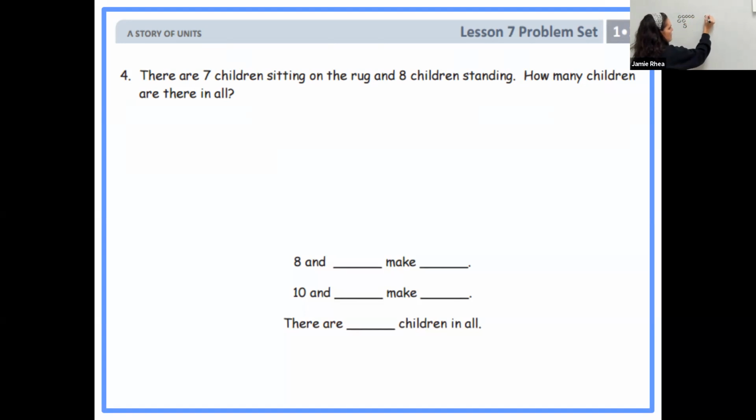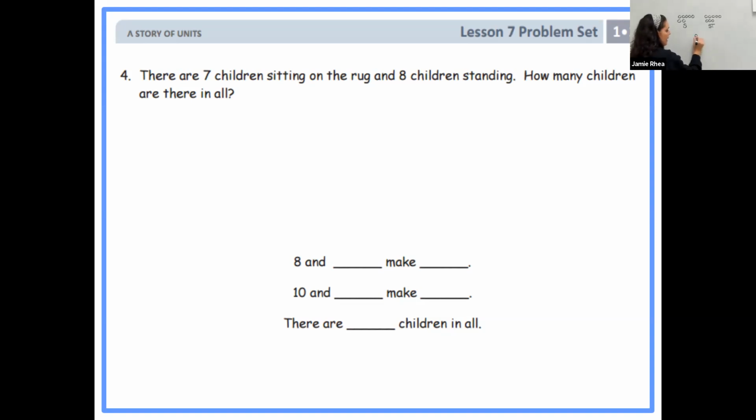Now I need to draw 8. 1, 2, 3, 4, 5, 6, 7, 8. And let's put ST for standing. So we have sitting and standing. Now, we want to know how many children are in all.